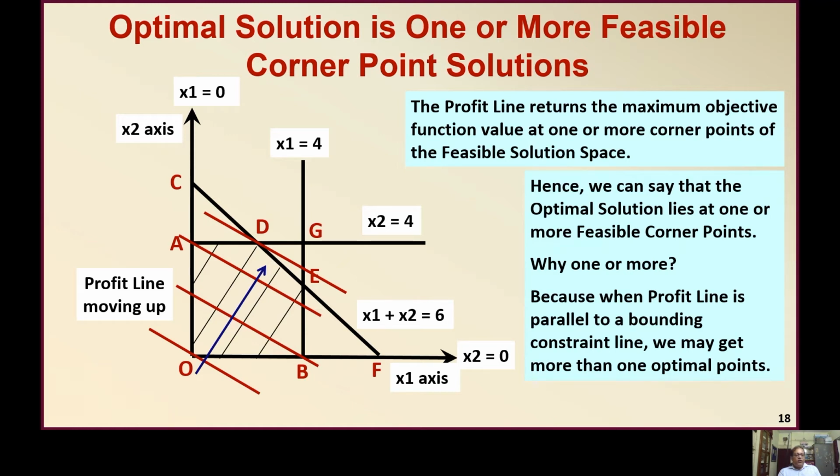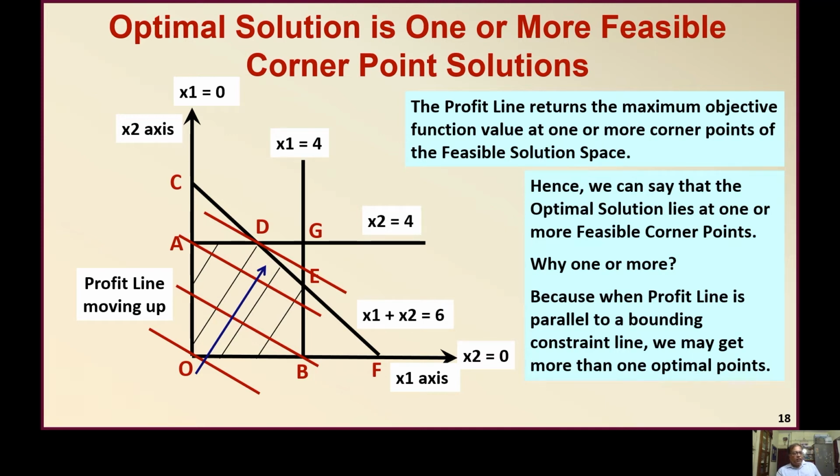Why one or more? Because when the profit line is parallel to a bounding constraint line, we may get more than one optimal solution. Let me repeat that once again. Let us say that the red line or the profit line is parallel to the line CF. What will happen? Just before leaving the feasible solution space, the profit line will touch both point D as well as point E because it is parallel.